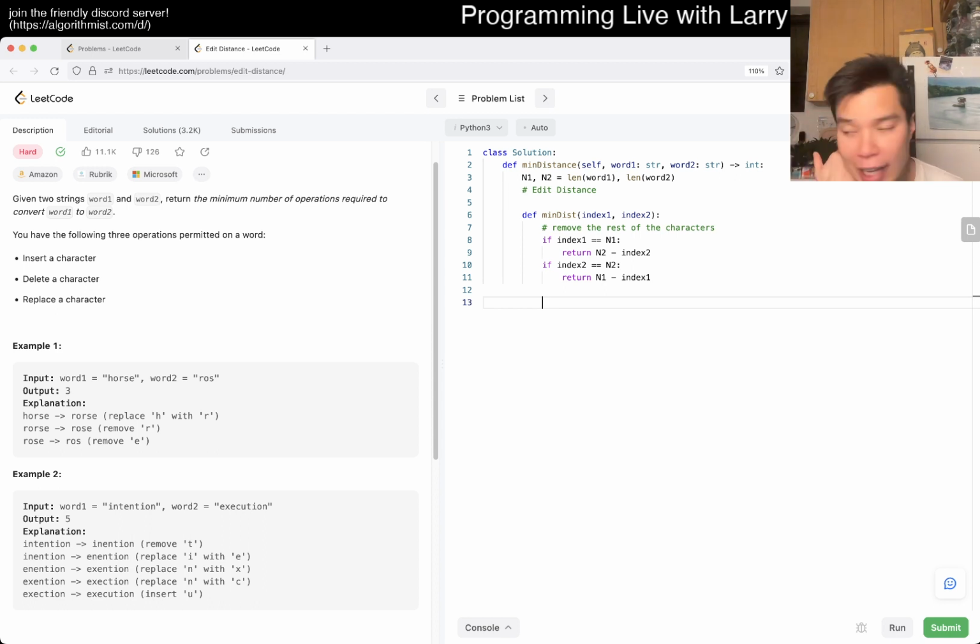But it turns out that what you can also do is think about what inserting a character is, right? So basically, let's say horse and rose. If we insert this character, oh wait, actually that's not quite right. This is not one with a character. My fault, sorry, hang on.